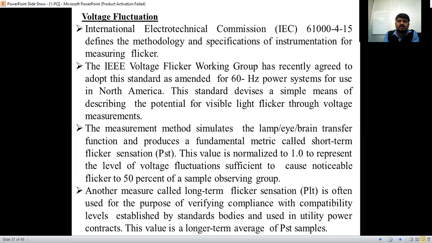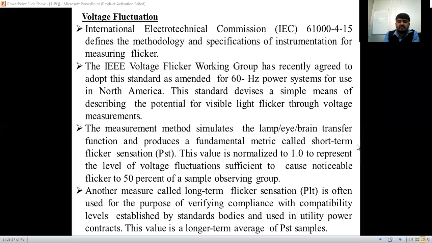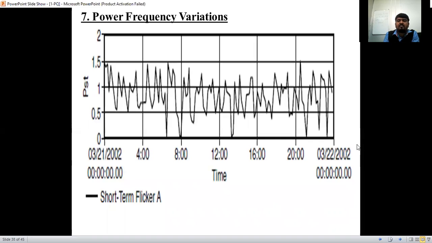See here, actually when the voltage, what happened? When you go for the frequency variation, this is power frequency variation.